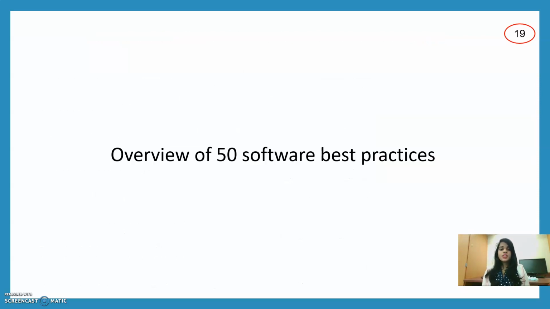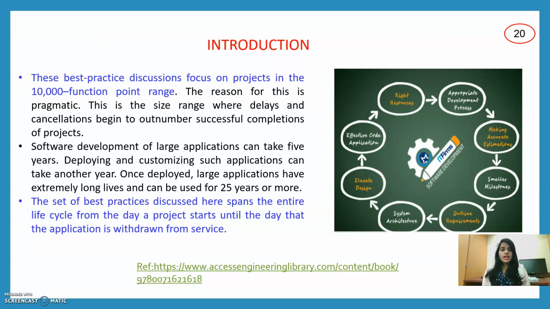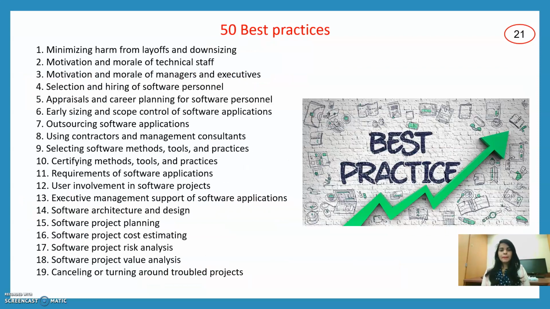Coming to the overview of the 50 software best practices, in software engineering we have 50 software best practices. This discussion focuses on projects in the 10,000 function point range only, and the set of best practices discussed here covers the entire life cycle from the day a project starts until the day that the application is withdrawn from service.